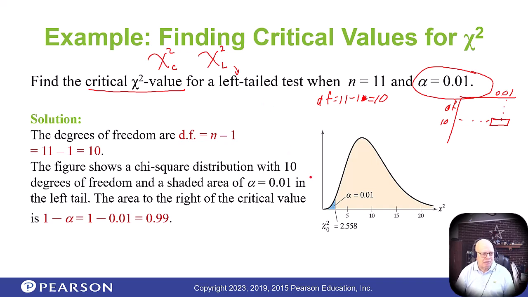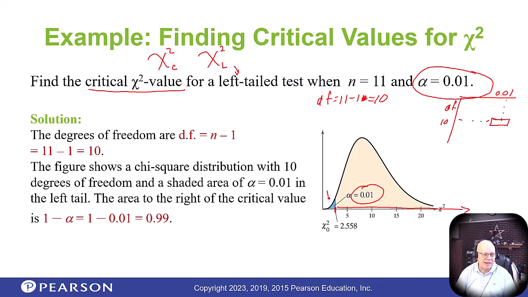But remember too, this is a tricky thing. In the past, we've just used the 0.01 in the table or in our calculators. For this one, though, if we want the critical value here, we have to use the area from there to positive infinity.